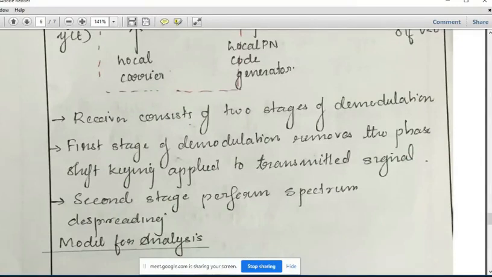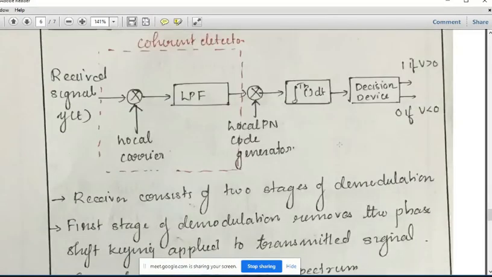The second stage performs spectrum despreading. Despreading happens by applying a local PN code generator, C of t, the same as that used at the transmitter, and the result is given to an integrator followed by a decision device. The decision device has a threshold set equal to 0: output 1 if V is greater than 0, and 0 if V is less than 0.